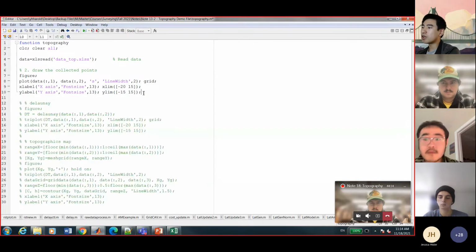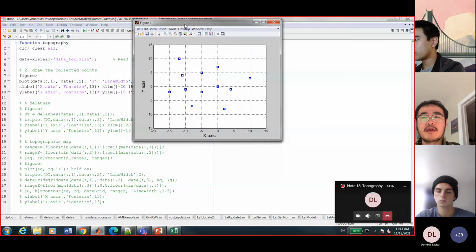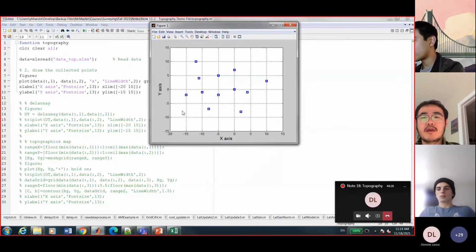You're going to draw all the collected points in the two-dimensional space. So with that, click run. Here's the play button. Click run. You draw all the points in the two-dimensional space, x-axis and y-axis, and those are the points that you actually measured. In total, we have 11 points.